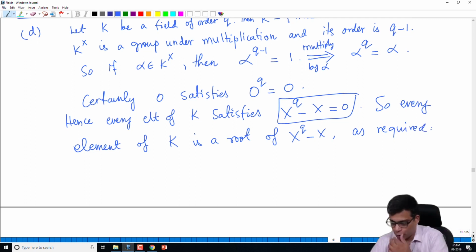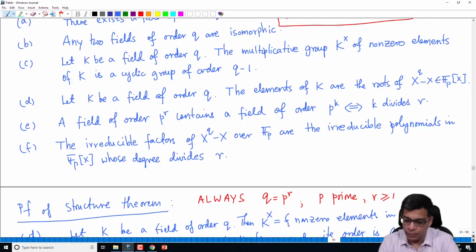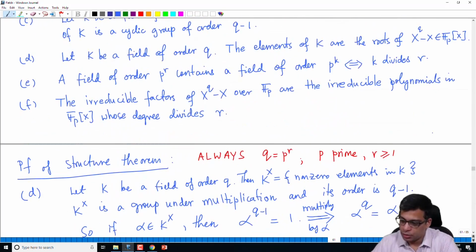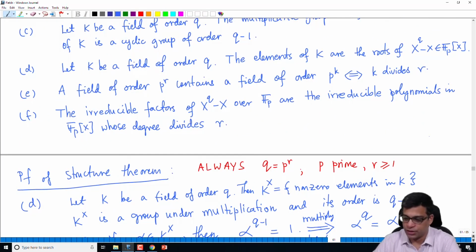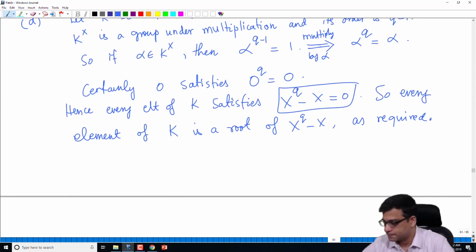So this is very simple. Remember, what did I say in D? I said every element of K is a root of x power Q minus x, which is of course a polynomial over Fp, because the coefficients 1 and minus 1 are in Fp. So this is true. So D is done.